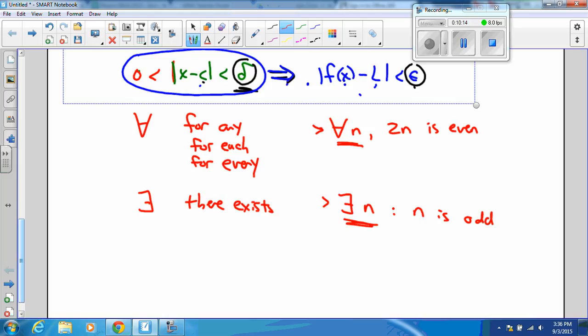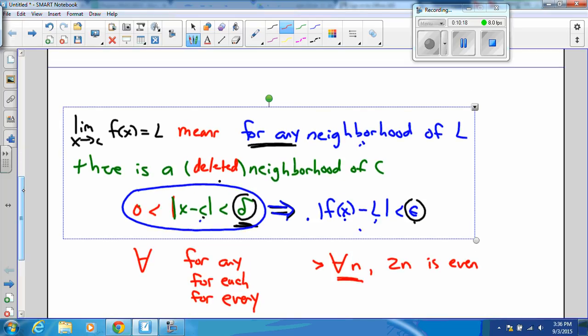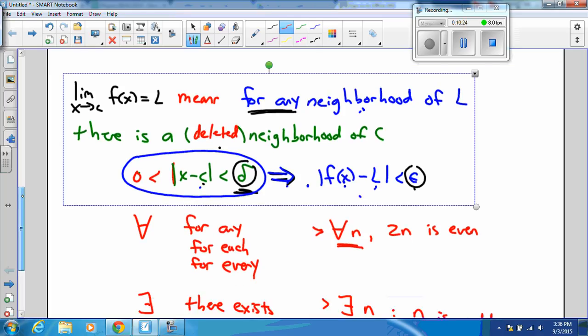Okay? Now we're going to use these quantifiers to translate our statements about neighborhoods. And here we go.